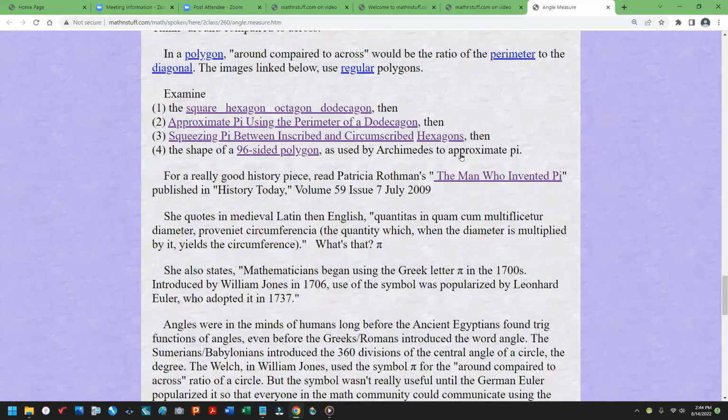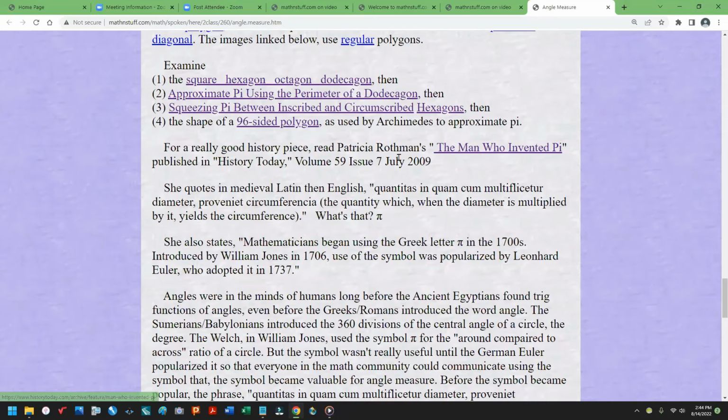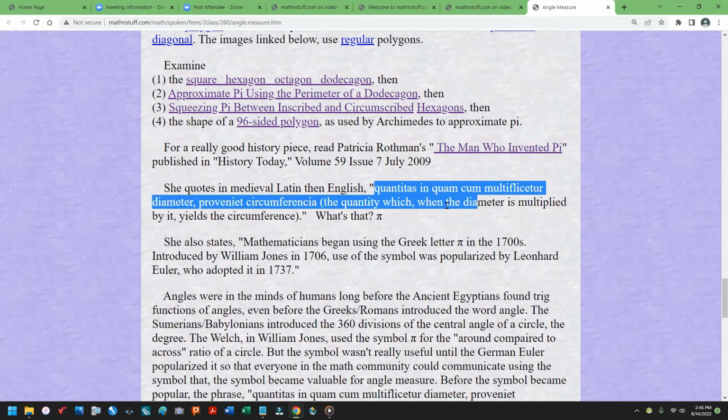We went to the article that Patricia Rothman wrote. And this is, I think, extremely important. She quotes in medieval Latin and then in English. First, I can't read it.